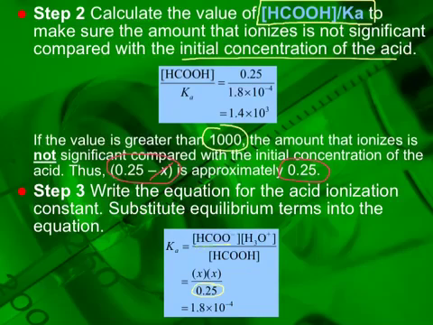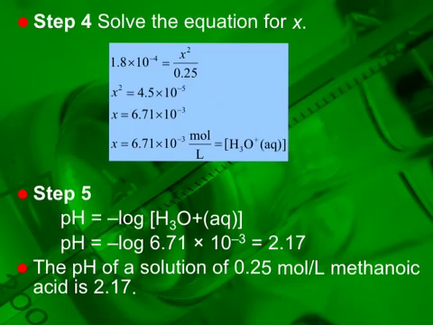And the concentration of methanoate and hydronium is still X, because even though it is small, it is still significant. Looking at our table of acids and bases, we can find that the Ka for methanoic acid is 1.8 times 10 to the minus 4, and this side of the equal sign is just the equilibrium expression, X times X divided by 0.25, as we saw in the last slide.